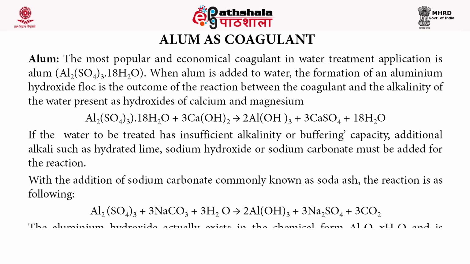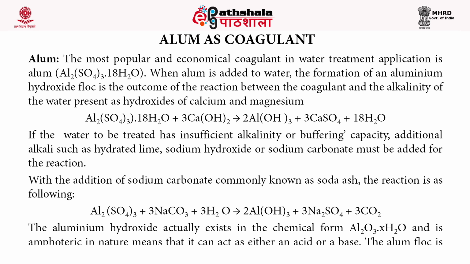If the water to be treated has insufficient alkalinity or buffering capacity, additional alkali such as hydrated lime, sodium hydroxide or sodium carbonate must be provided for the reaction. The aluminium hydroxide actually exists in the chemical form Al2O3 along with the water of crystallization, and this is amphoteric in nature, meaning it can act as either acid or base.